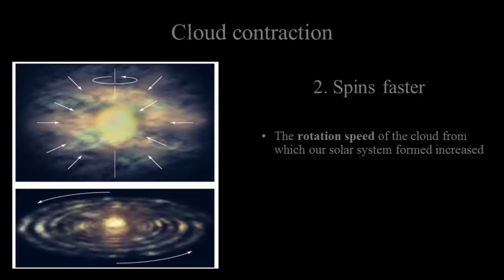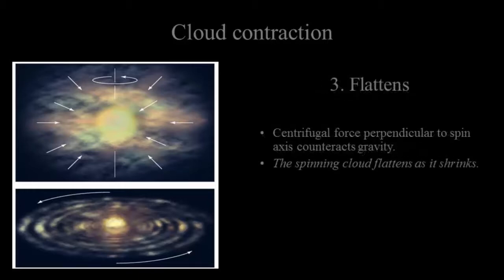What again is going to be the result of that spinning, and that very slight outward centrifugal force? Well, that force is going to act perpendicular to the axis of rotation. So material above and below this flattened plane could easily fall downward, but material, again perpendicular, could not. And as a result, number three, our cloud is going to flatten.